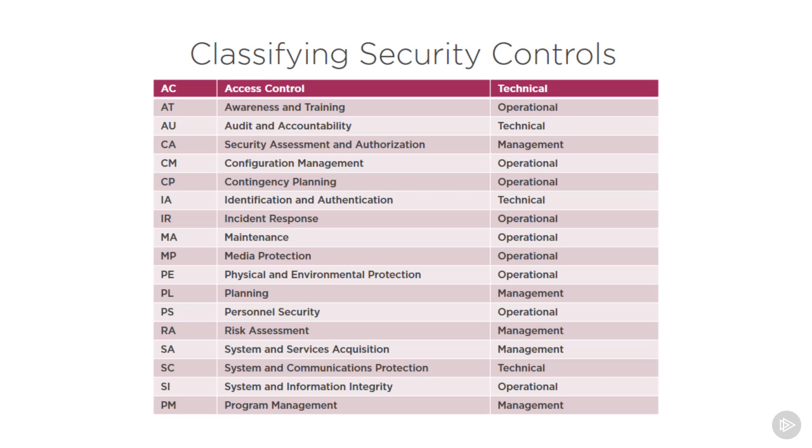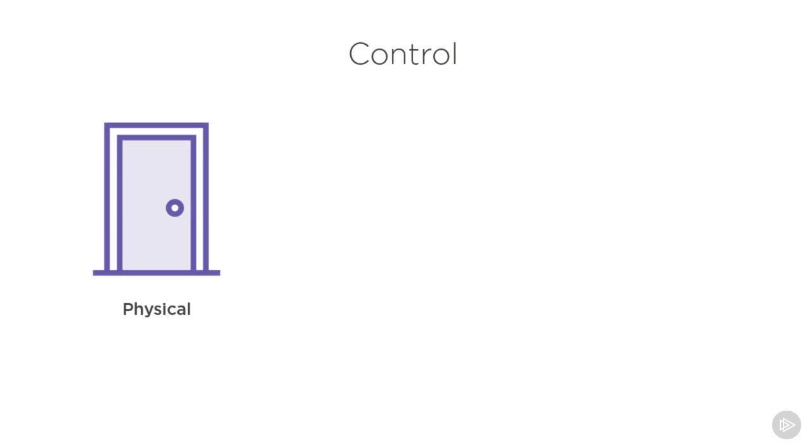Now the NIST schema isn't the only way of classifying security controls. In fact, the CSA Plus syllabus actually refers to a broad class. They refer to them as controls, and there are several of them. There's physical, which controls things such as alarms, gateways, or locks that deter access to the physical premise, as well as physical hardware.